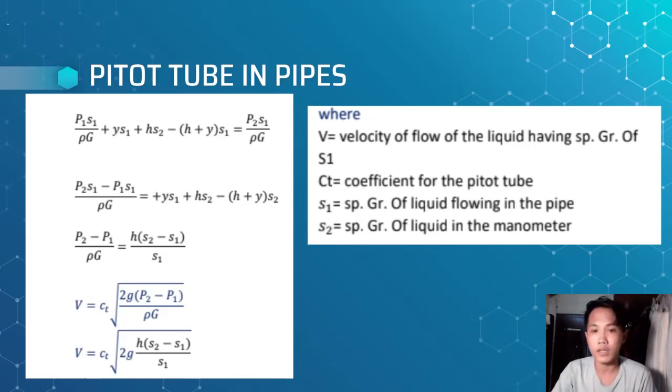S1 represents the specific gravity of the liquid flowing in the pipe, and S2 represents the specific gravity of the fluid in the manometer. By all that means, this will be our final formula in solving the pitot tube in pipes.